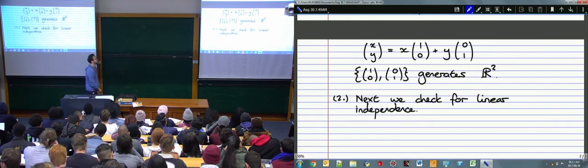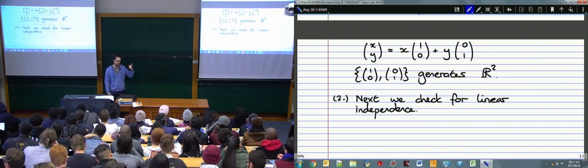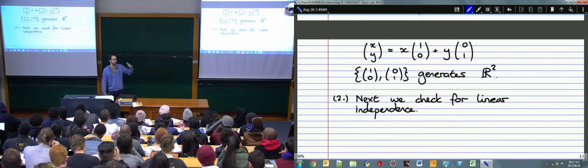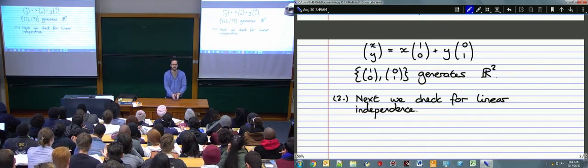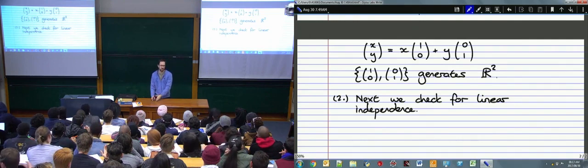Next we check for linear independence, and we basically just reuse the calculation that we've already done. We may have done a Gauss reduction if this was a more complicated example, but we've done a calculation to find out if an arbitrary vector (x, y) can be written as alpha times the first vector plus beta times the second vector.